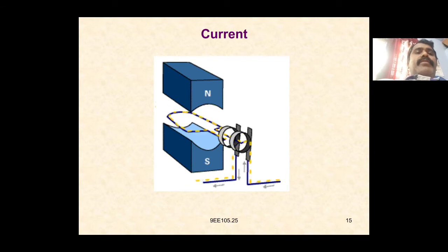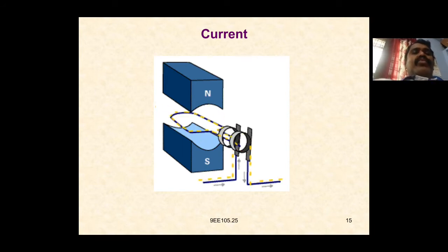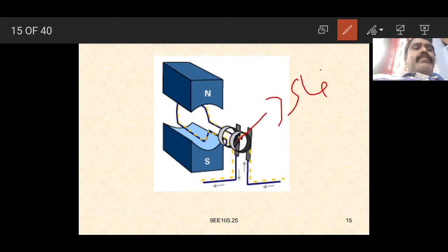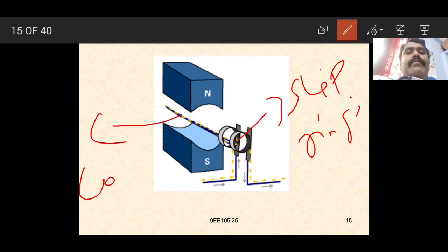Again, this principle can be indicated where the coil rotates. The two ends of the coil are connected to the two slip rings. Rotating is nothing but the coil or a conductor or wire.